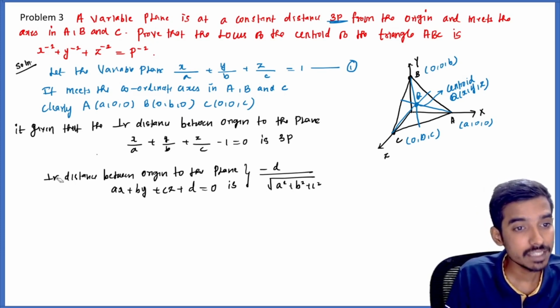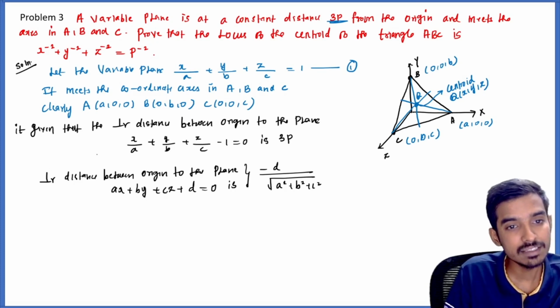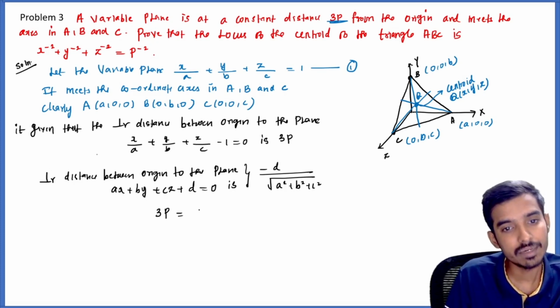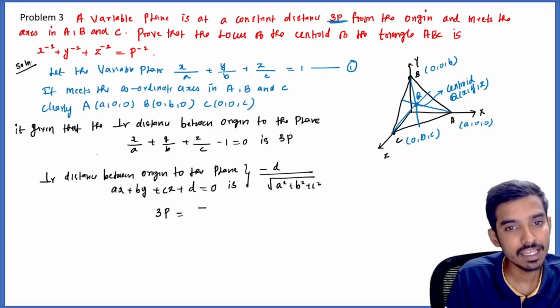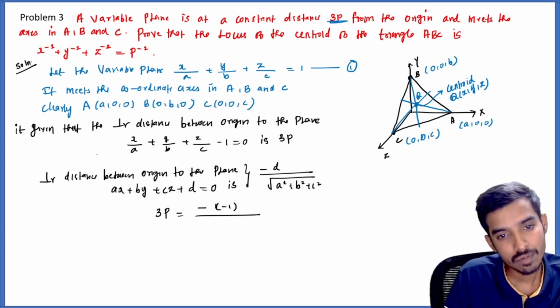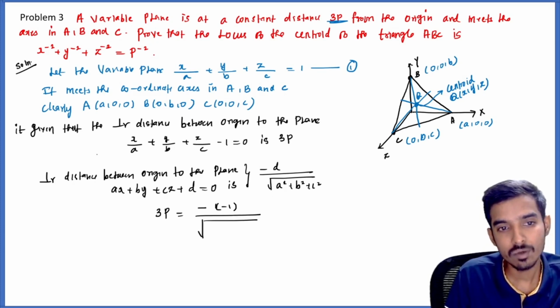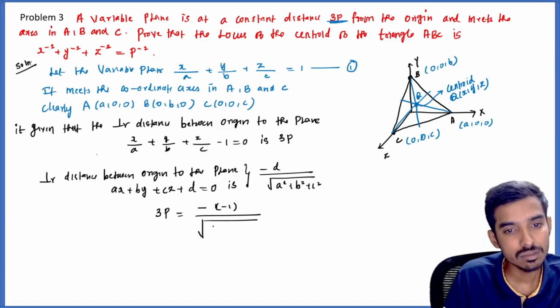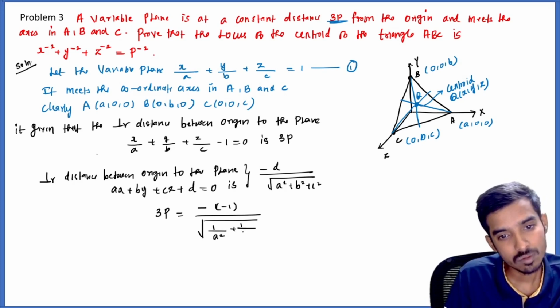Now here they have said that the perpendicular distance is 3p. That means 3p is equal to minus of, so just compare with ax plus by plus cz plus d. So d is minus 1, divided by the root of a square plus b square plus c square. So this is 1 by a square plus 1 by b square plus 1 by c square.